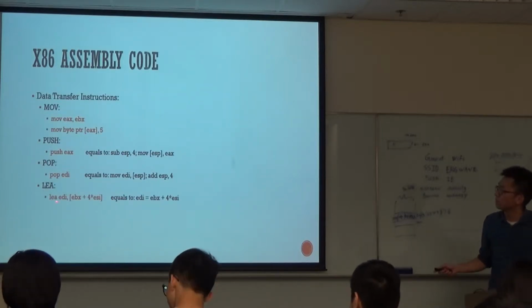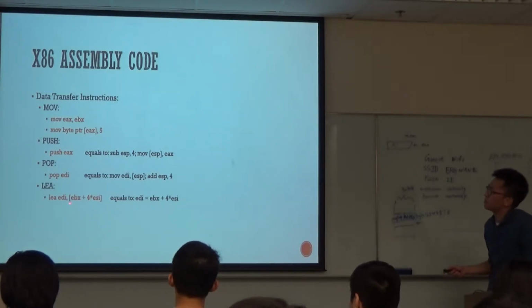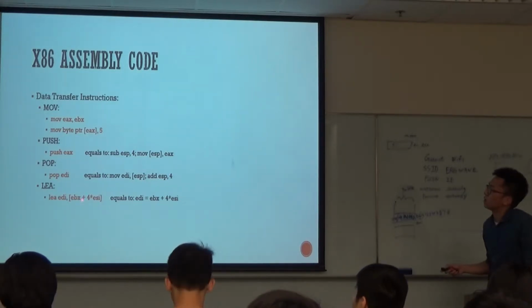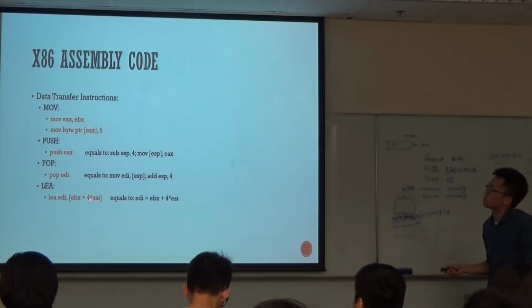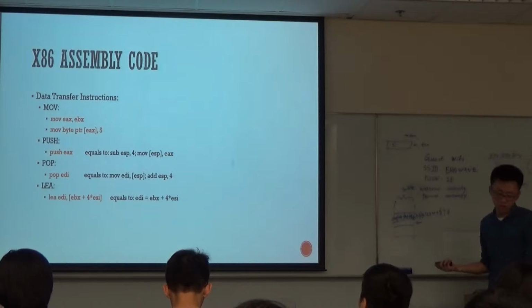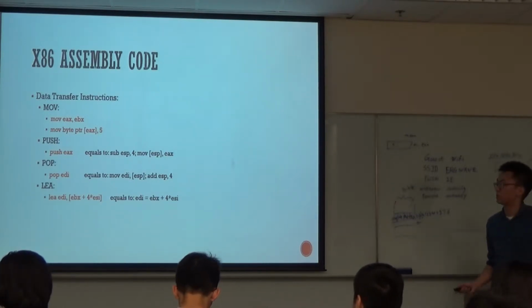Okay. And LEA means this is very simple. It just means this instruction equals EBX plus 4 multiplied by ESI, and store the value to EDI. This is for register operation, arithmetic operations.